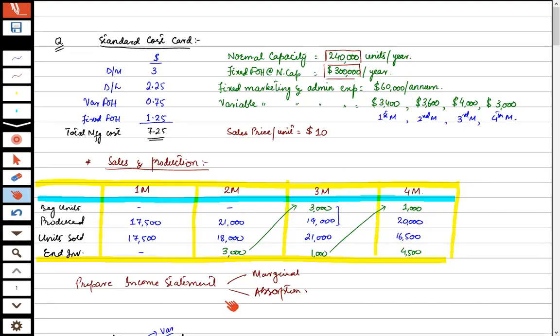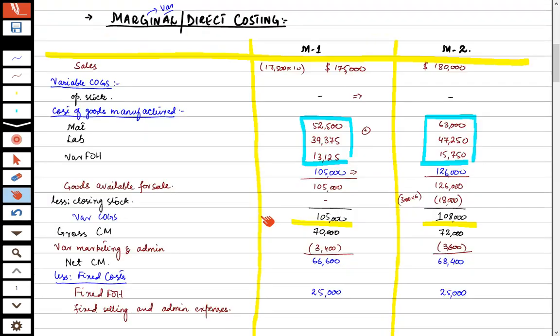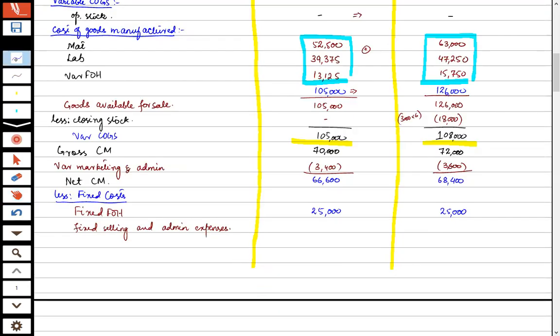So 60,000 divided by 12 for 1 month would be 5,000. So these two would be the fixed cost and treated as period cost in marginal costing, not as a product cost as in absorption costing. So 30,000 here and 30,000 here.